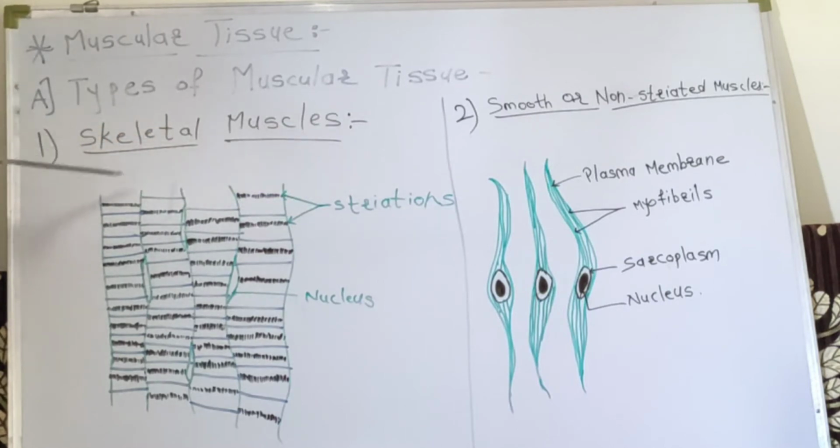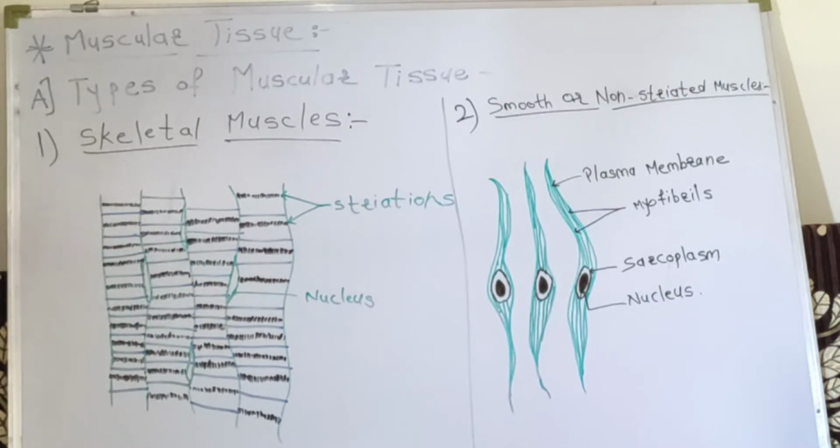That's why this skeletal muscle is also called a striated muscle. In the middle of these striations or muscle tissues, there is a nucleus. You can see here a cavity-like structure in the lines. This one, and this one. These are all the nucleus.